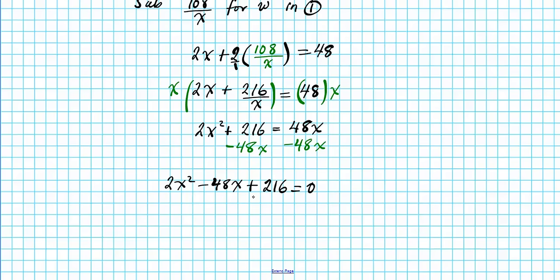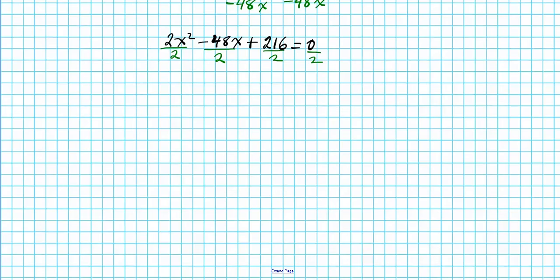Now, one thing you notice is that 2 goes into all the numbers since they're all even, so we can reduce this equation by dividing every single term by 2. So we get x squared minus 24x plus 108. Okay, that's not a final answer. That's just the equation in simplified form.